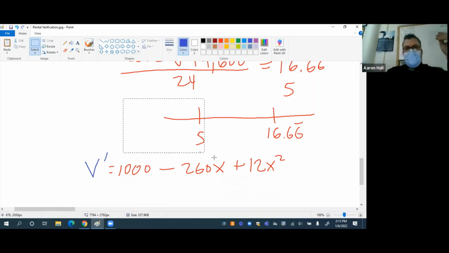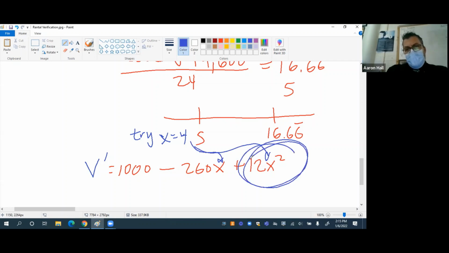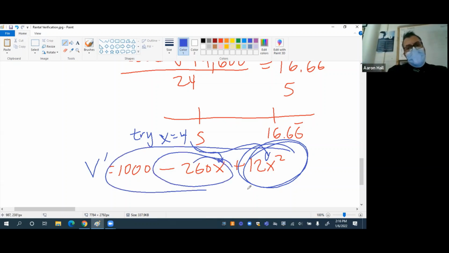So we should try what for this interval over here? Try what? 4. Okay. If I plug 4 in for here and here, this part here becomes what? It's a positive. Yeah, but we also have a negative here. We need to know, does all of this stay positive, or is this large enough to make it negative?